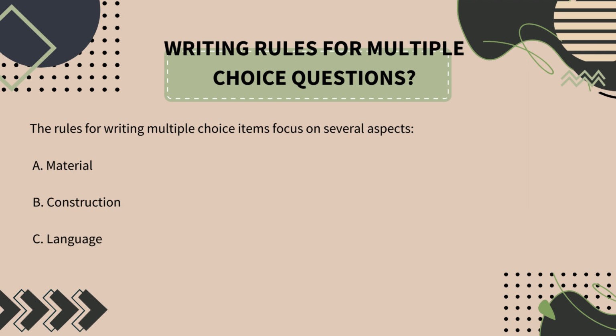And for the construction, use a single, clearly stated problem or question. Describe the problem fully and avoid irrelevant information. Include most information in the stem so that the options can be short. State the stem as a question or as an incomplete statement if needed to avoid awkward wording.